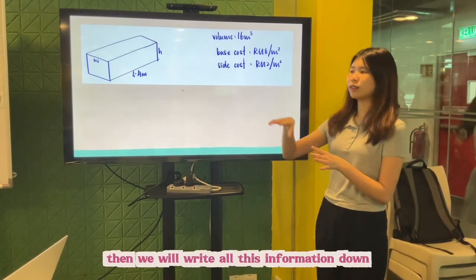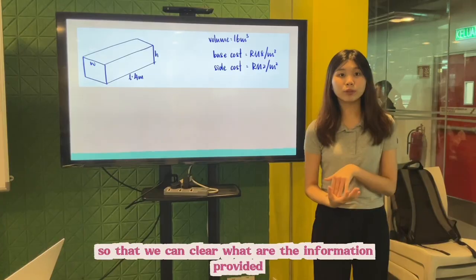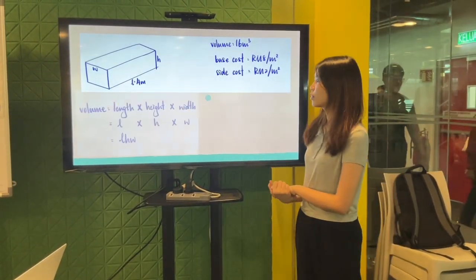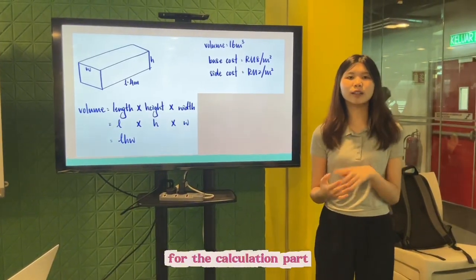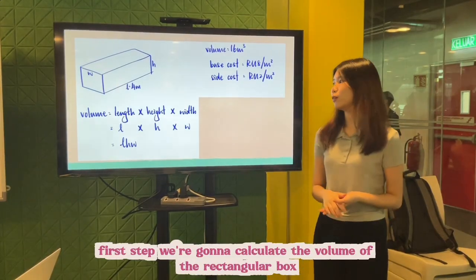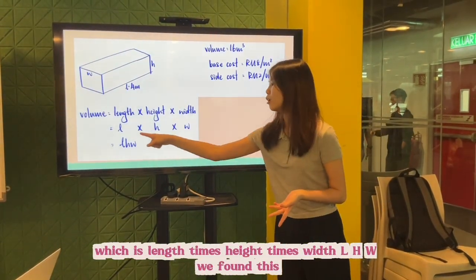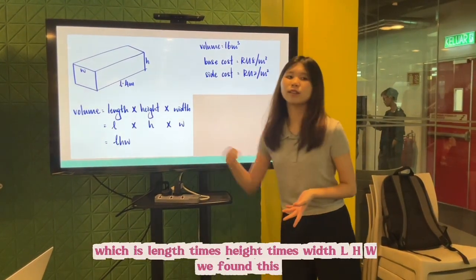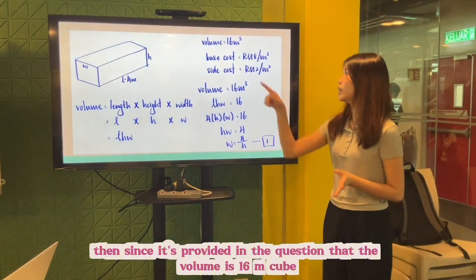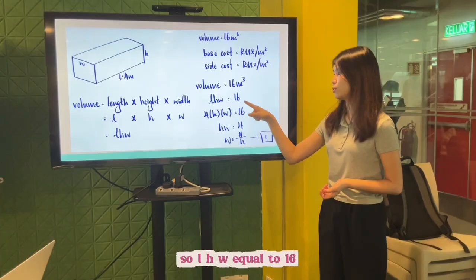Then we will write all this information down so that we are clear what information is provided that we can use for our calculation later. For the calculation part, first step, we're going to calculate the volume of the rectangular box, which is length times height times width, L times H times W. Then since it's provided in the question that the volume is 16 meter cube, so LHW is equal to 16.